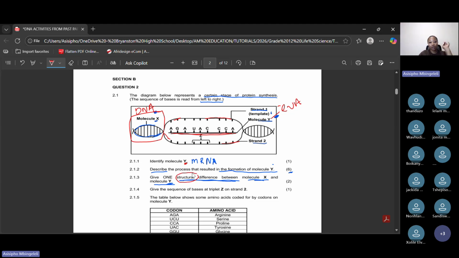They wanted a structural one. So you are comparing the structure. One is double-stranded and the other is single-stranded. So the ribose sugar and deoxyribose sugar would be marked incorrect when answering this specific question. If they had said, let's tabulate differences, without directing us what exactly we should differentiate, then we can accept the sugar business. I hope that makes sense, Nonhlanhla?